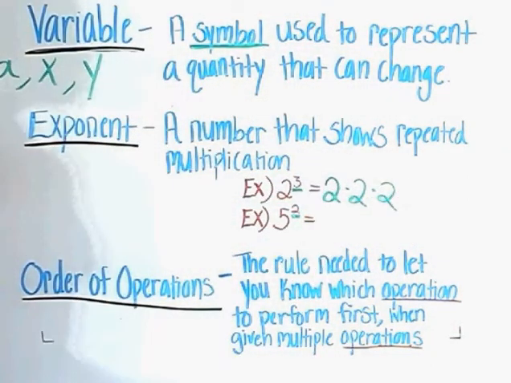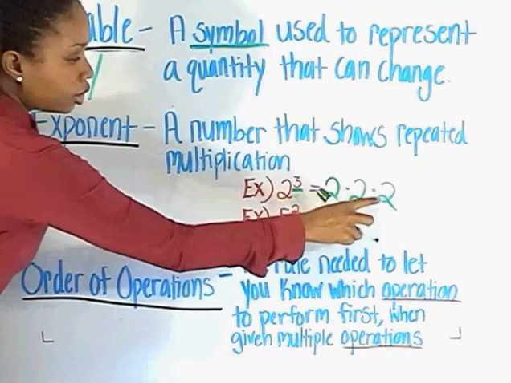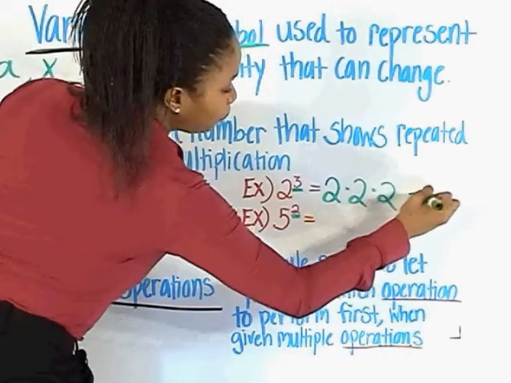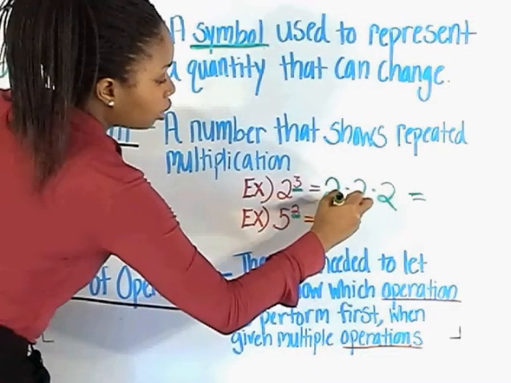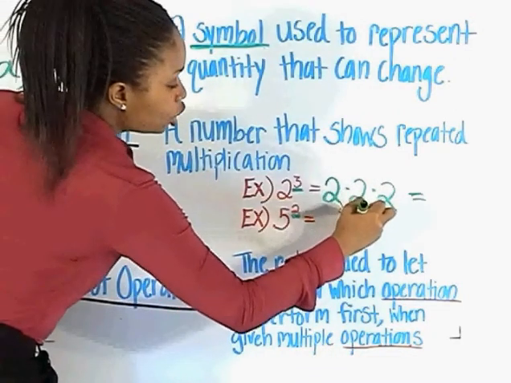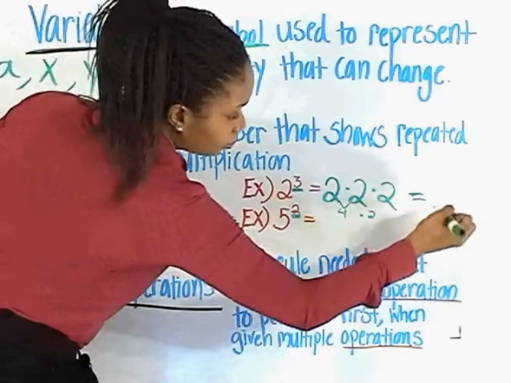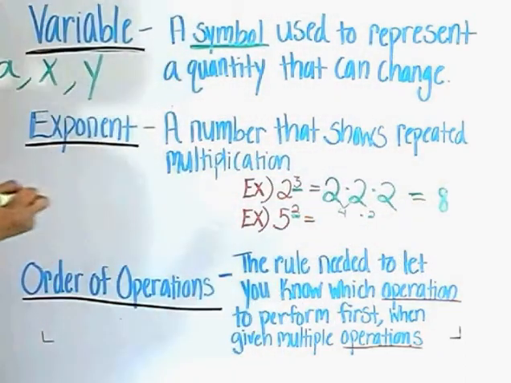How many times are we multiplying 2 to itself? 1, 2, 3 times. So let's figure out what that would be. 2 times 2 is 4. And 4 times 2, because we're multiplying this 4 by the last 2, is what? 8.